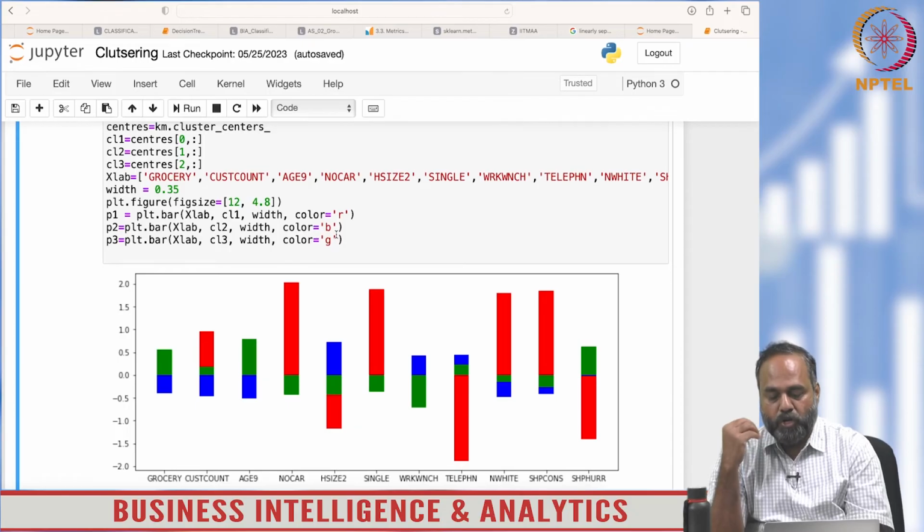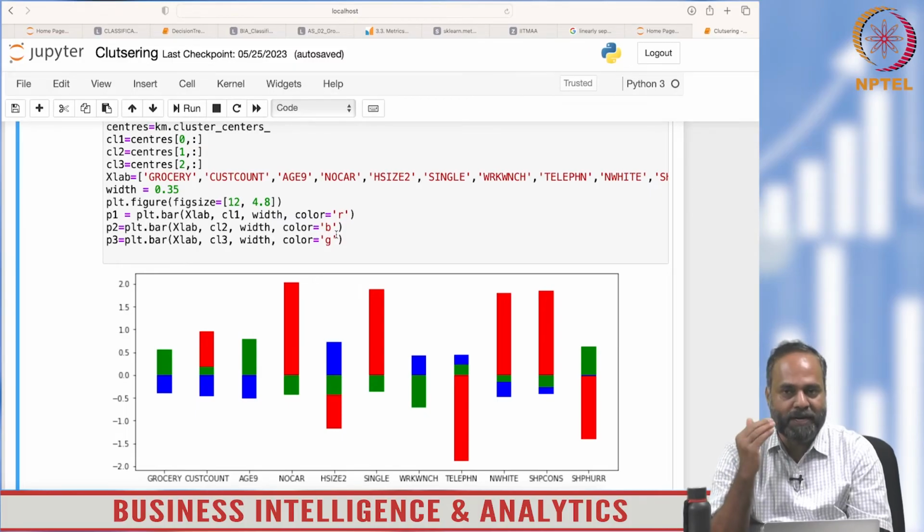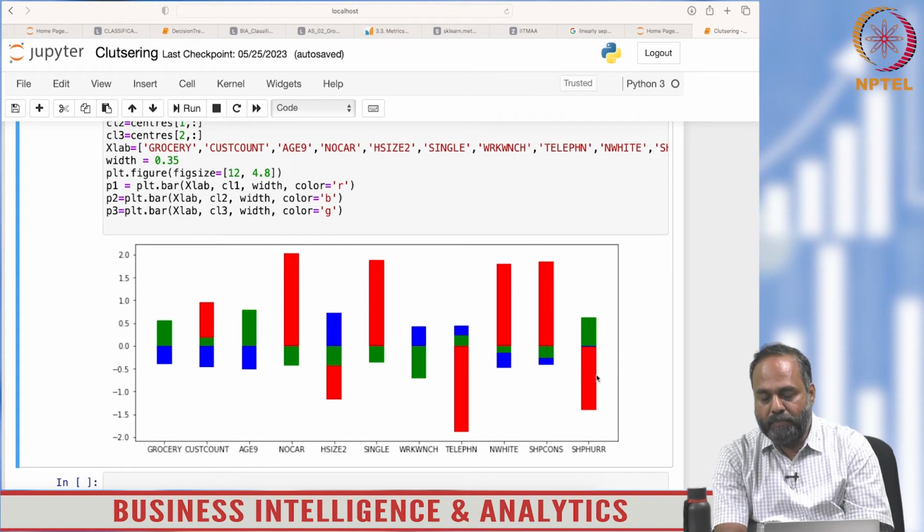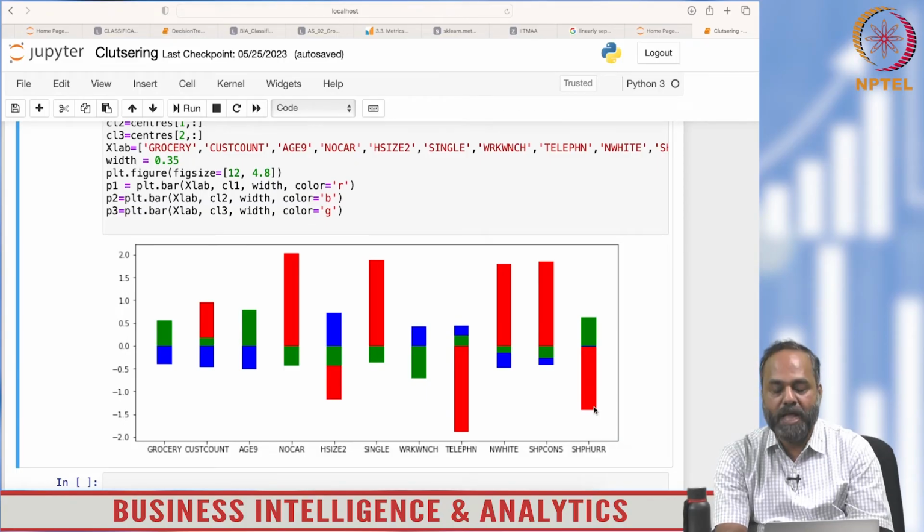For example, look at the red cluster. Let us go by cluster. We can also compare clusters because of this plot, but let us look at one cluster, like the red cluster. We notice that the average value of hurried customers is very low. It is on the negative side, in the range of -2 to +2. But that makes us ask, what about constrained customers?